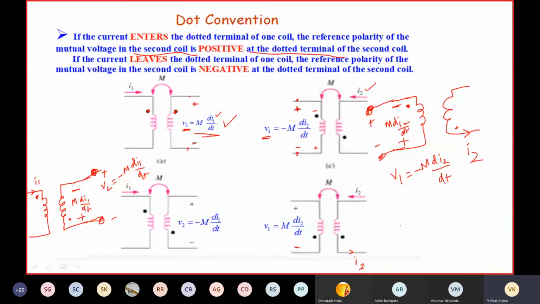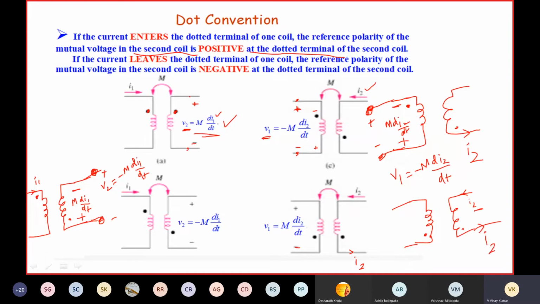Okay, let me draw it separately the other way. I2. Dot is placed here. Again, dot is placed here. So you are going to collect the voltage across coil 1 because of current flowing through coil 2, right? So I2 is leaving.